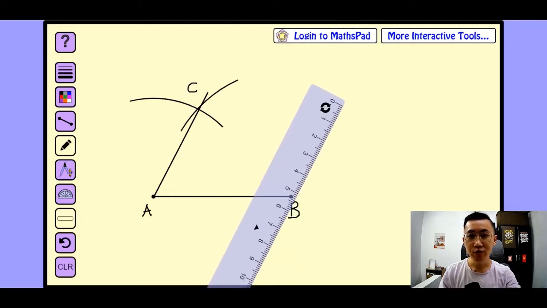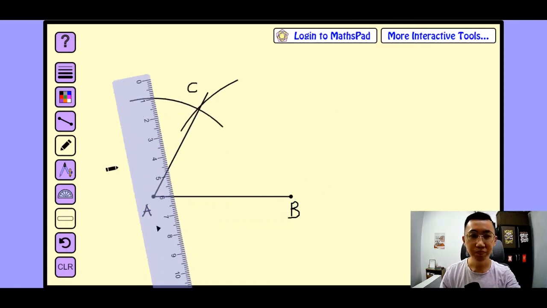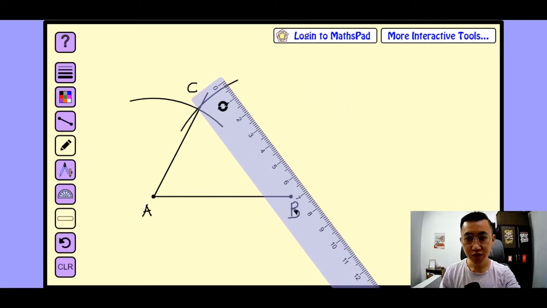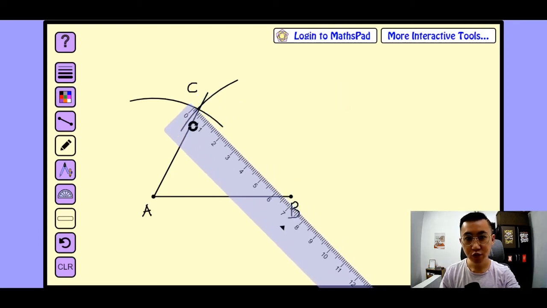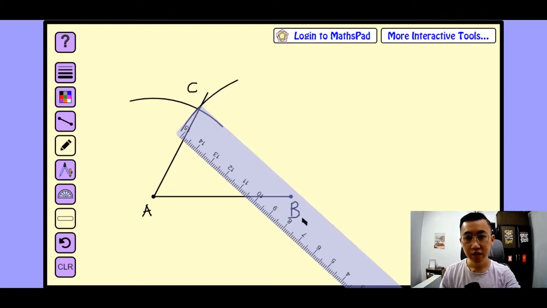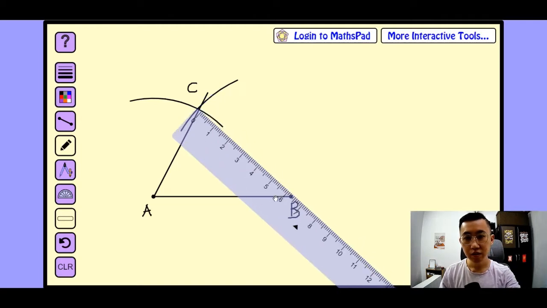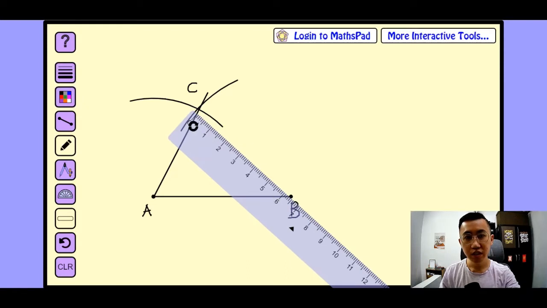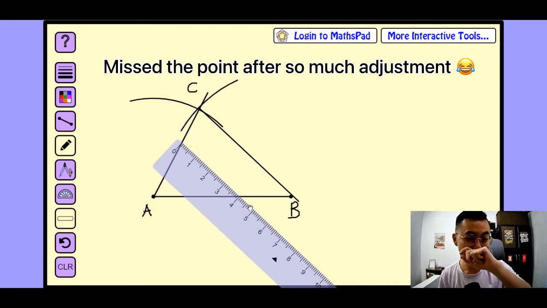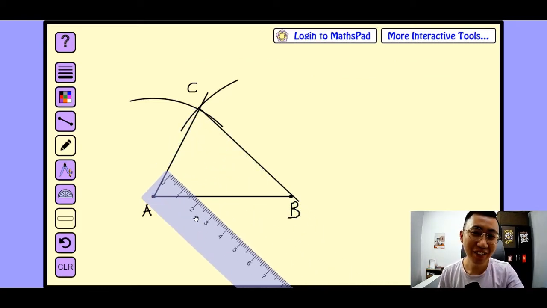I have to shift slowly, until you join the intersection point. Alright, almost there, guys. Okay, so let's join now. Slightly, I missed slightly, but you get the point, right?